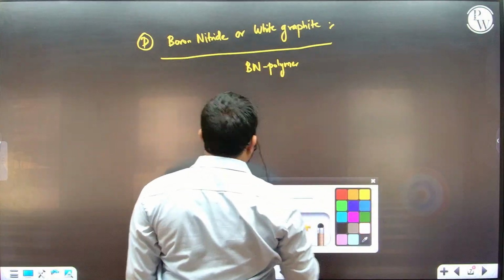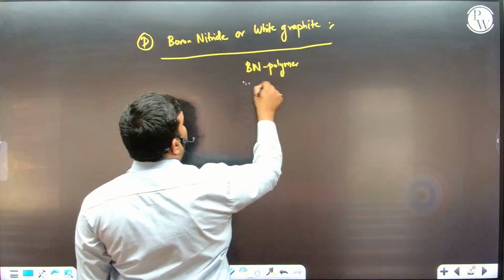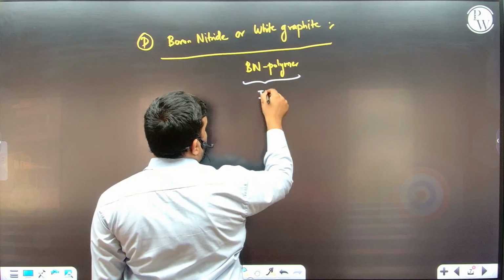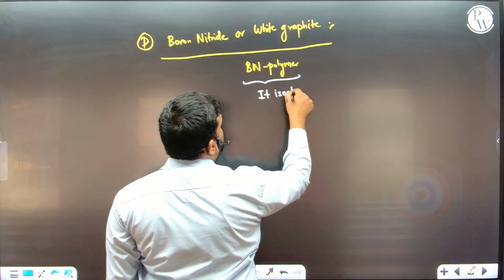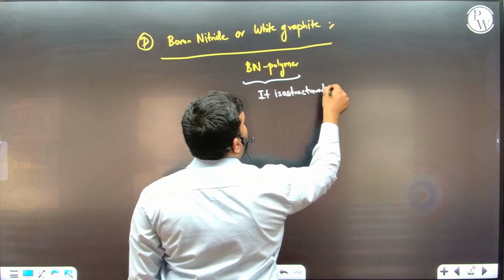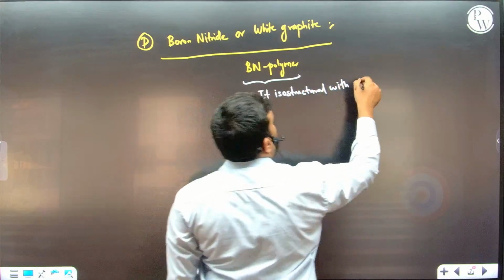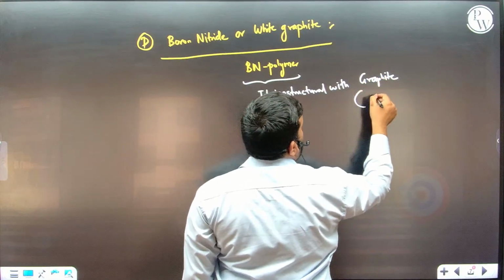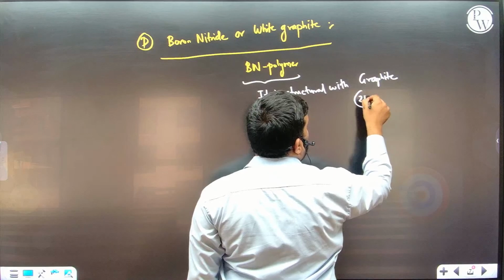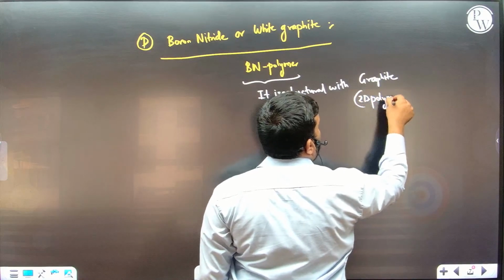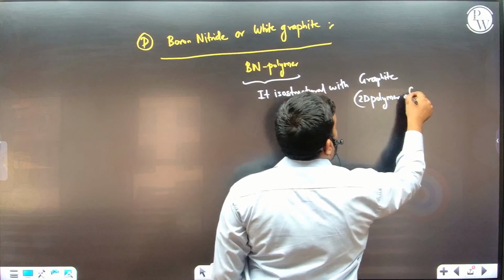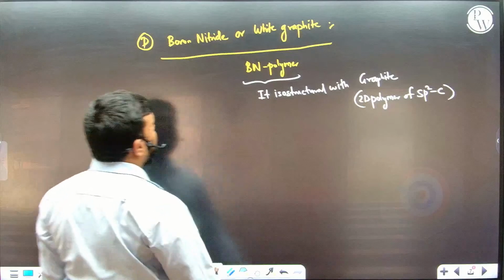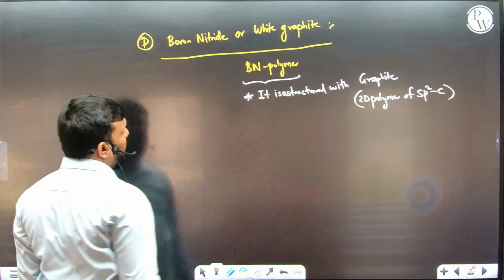This is also called white graphite because this boron nitride polymer is isostructural with graphite. Everybody knows graphite is nothing but a 2D polymer of sp2 carbon. Okay, BN polymer, boron nitride polymer.